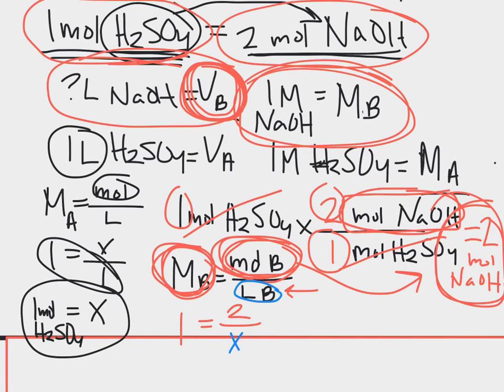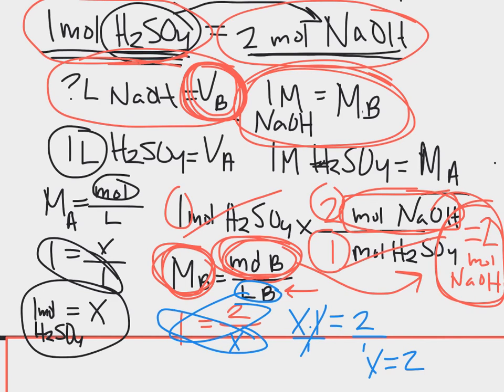All right? So when I solve for X, I don't know how you want to do it. You want to do cross multiply. So it's going to be X times 1 equals 2 divided by 1 on both sides. In the end, X equals 2. Now, goodness gracious, look at this mess in front of us. But what does that mean? Well, the 2 left over, remember, was for liters of base.